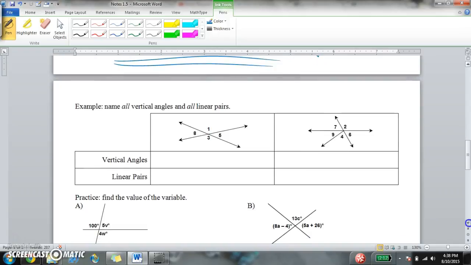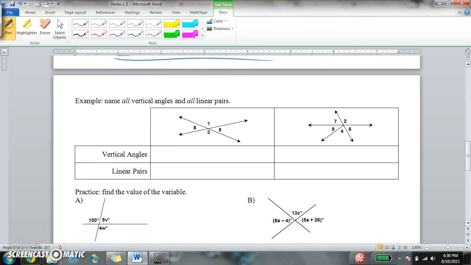So, using those two concepts, use these diagrams to name pairs of vertical angles and linear pairs. So in this diagram right here, vertical angles, again, we've got two lines intersecting each other. Vertical angles are angles that are across the X from each other. So an example would be angle 1 and angle 3. Another example would be angle 8 and angle 5. They are across from each other.